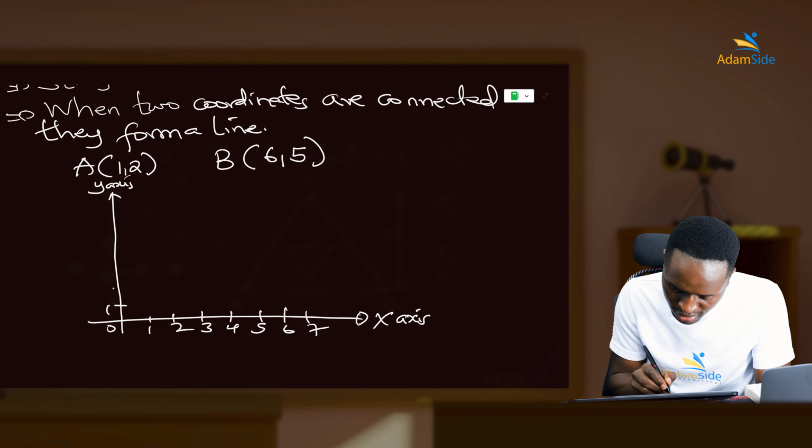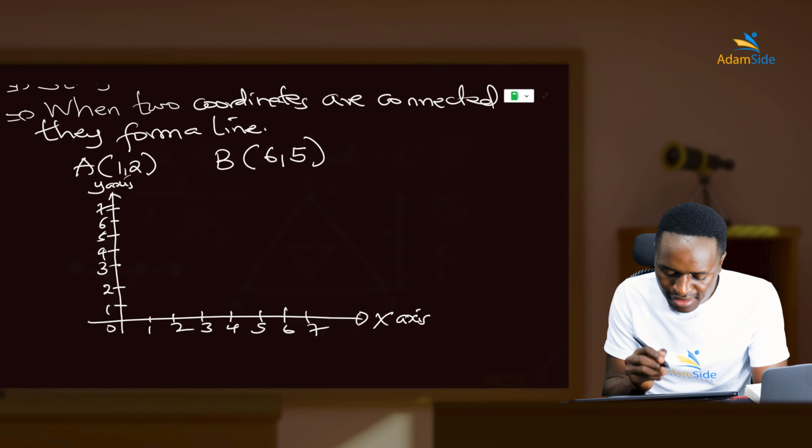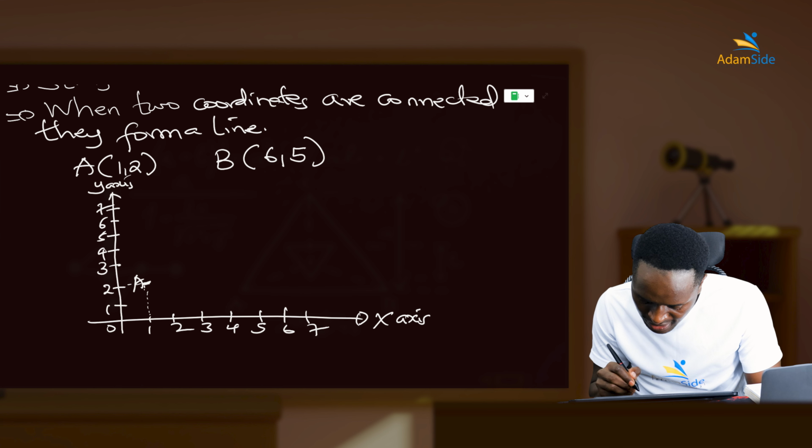Then we go 1, 2, 3, 4, 5, 6, 7 on the y-axis. So we have 1, 2, that's point A, and B is 6, 5.